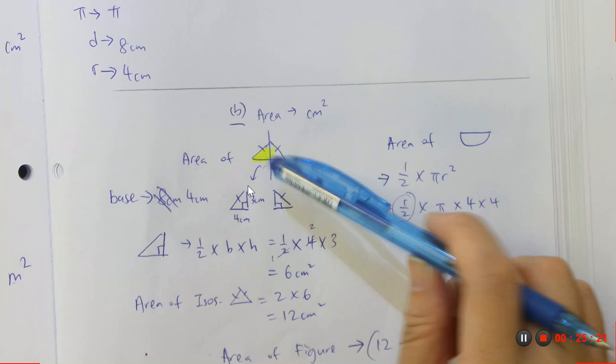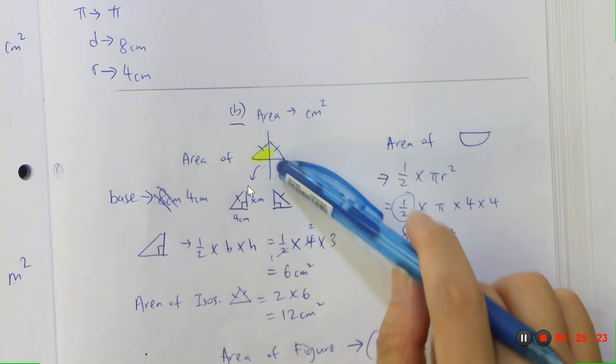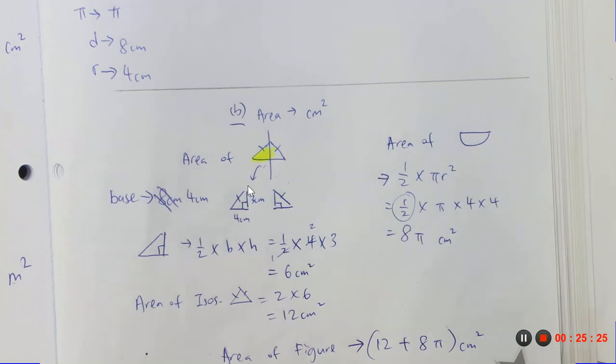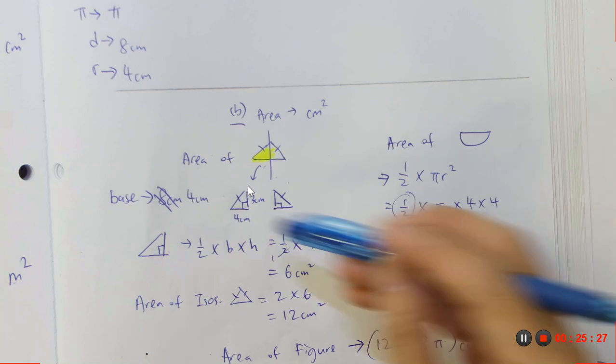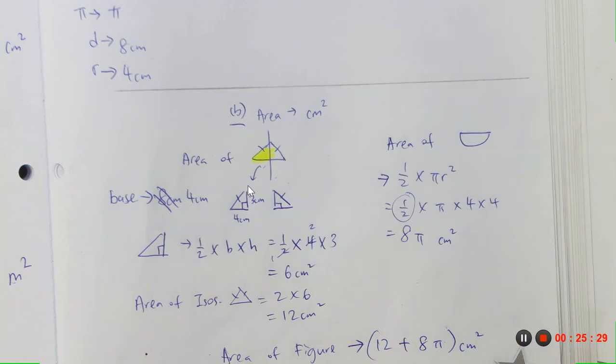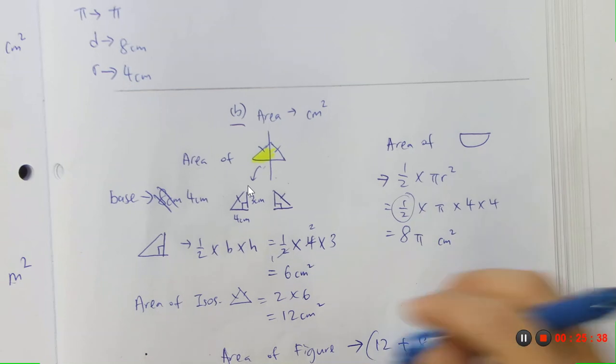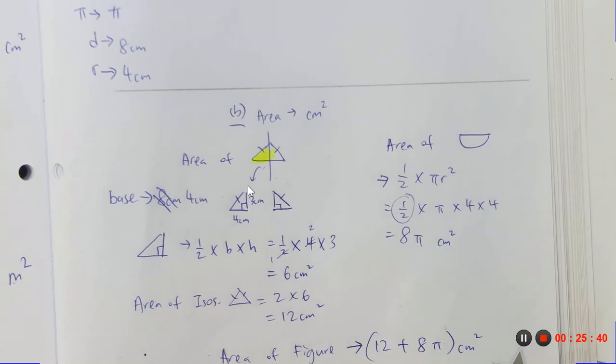Because it's an isosceles triangle, I need to find half times base times height. So the way out is to chop it into two right angle triangles, like what Akhilesh highlighted. Then after that, I combine them, 12 plus 8 pi square centimeter. Finish. Okay, shall I move on to the perimeter portion?